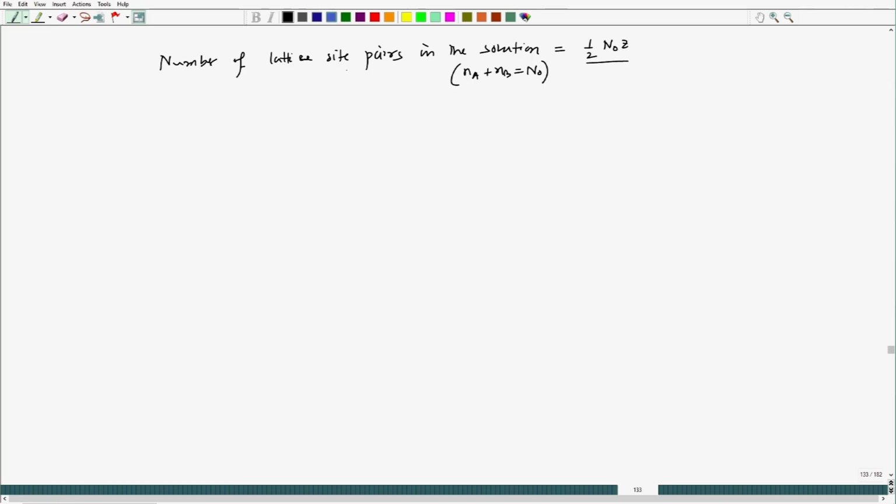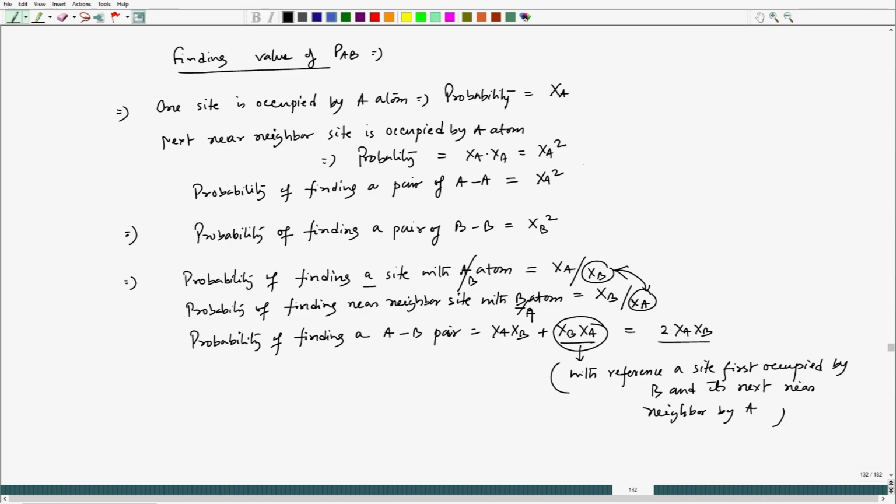So, the number of lattice site pairs in the solution is half N0, that is Avogadro number, into Z in that 1 mole of solution. If I go back, this is nothing but the AA bond, because we are talking about an AA pair. Okay. This is nothing but the BB bond, and this is nothing but the AB bond.